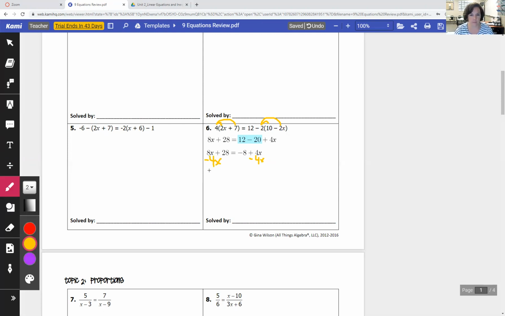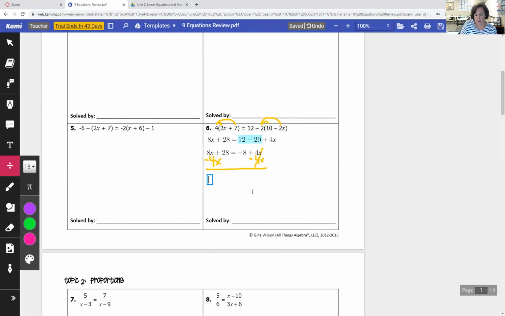That means that these two cancel out, and I have 8x minus 4x is 4x. Okay, and I have the plus 28 equals -8. I just bring those down.